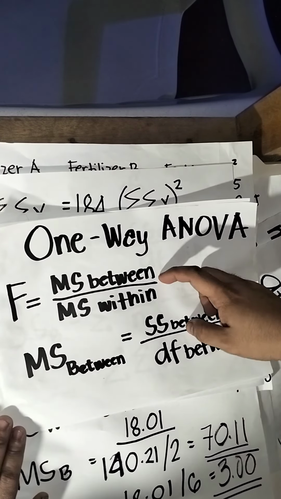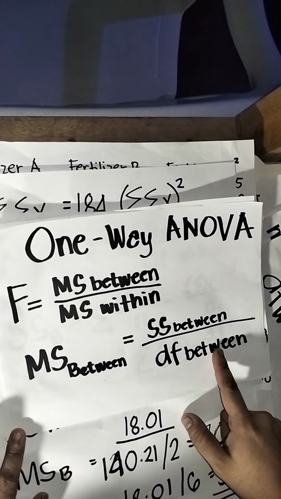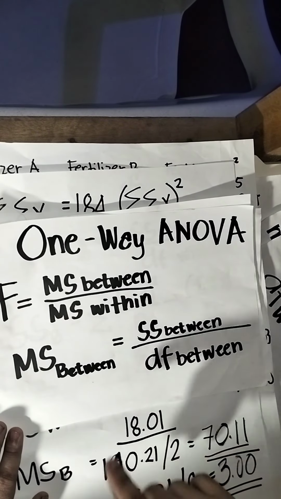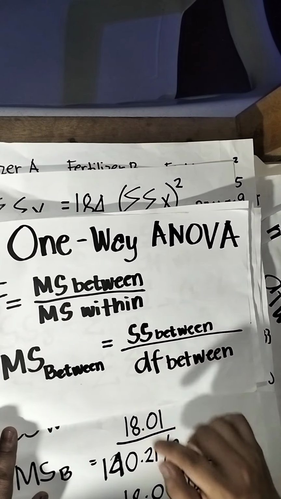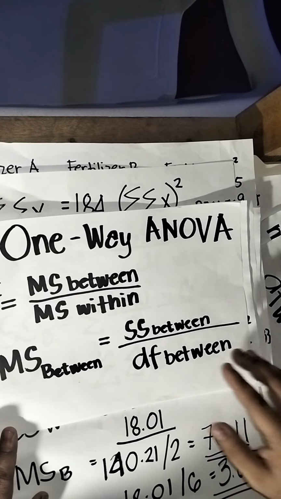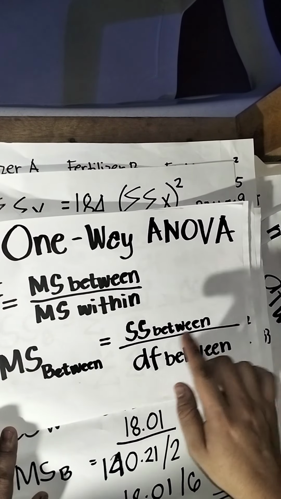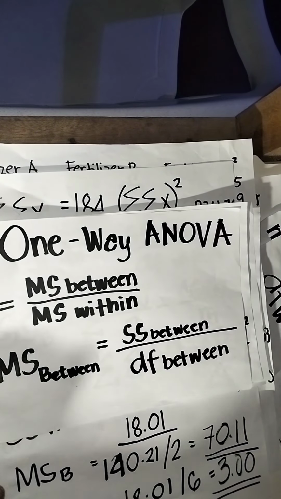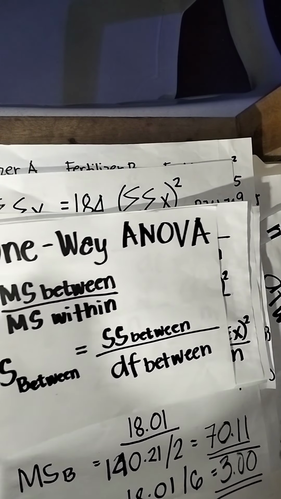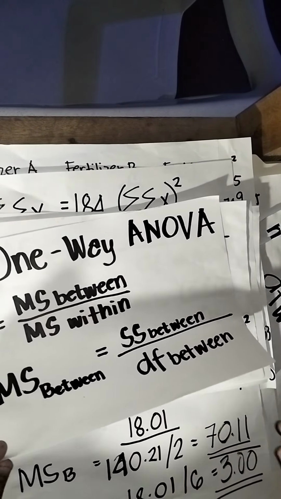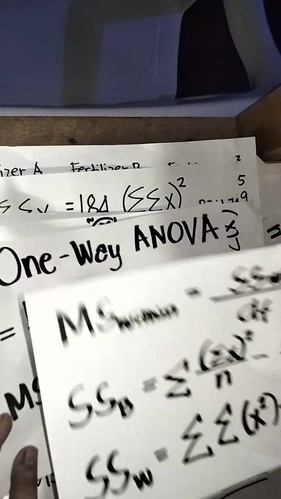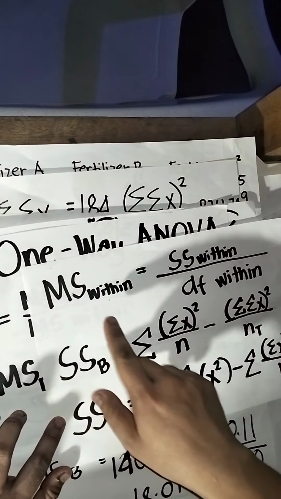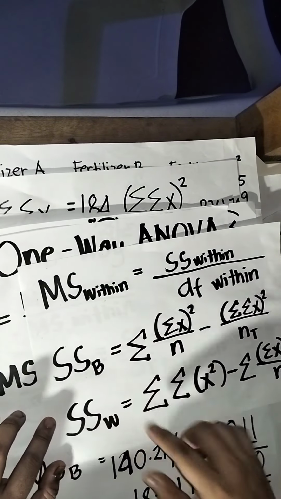Then this MS between also has a formula. For MS between, we have the sum of squares between, which we call SS between, over DF between, or the degree of freedom for the between. And for our MS within, what is the formula?